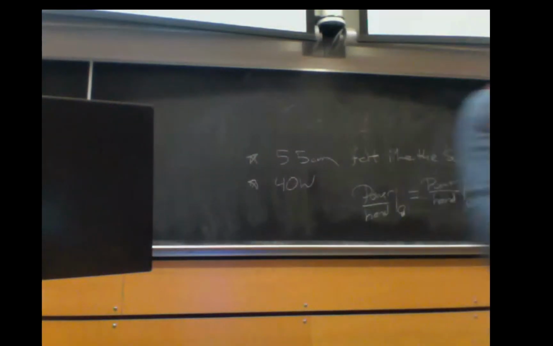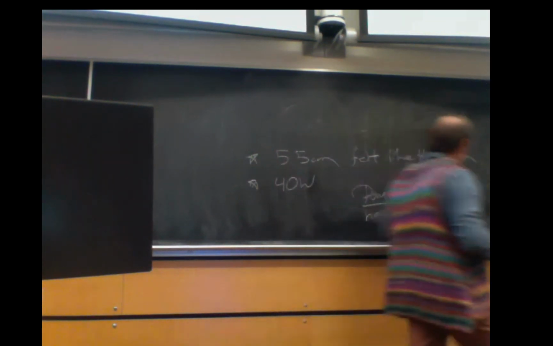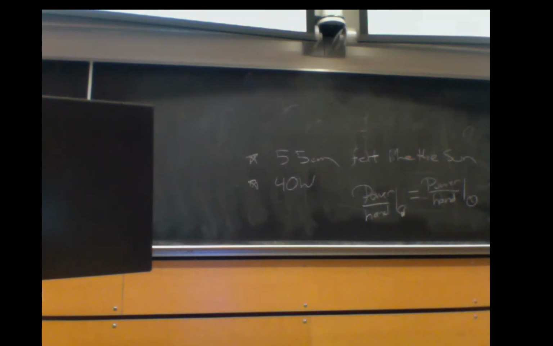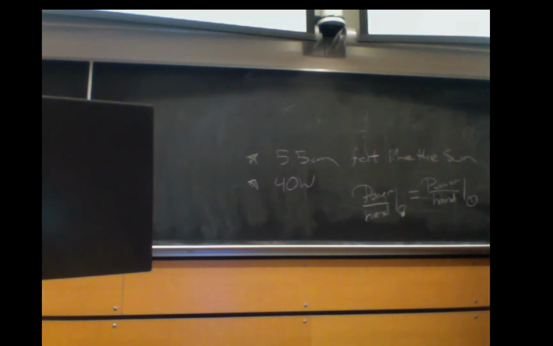All right. So, if we want to think about it, over here we have the power of the sun, and we have how it feels on our hand, and those two are equal to each other. So what we're going to do is work with this equation to figure out how much power the sun has.